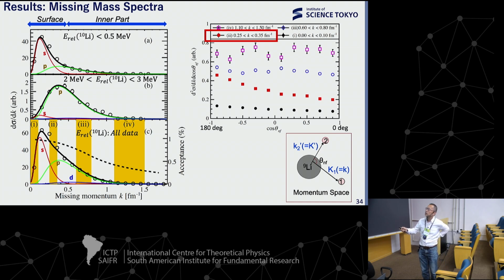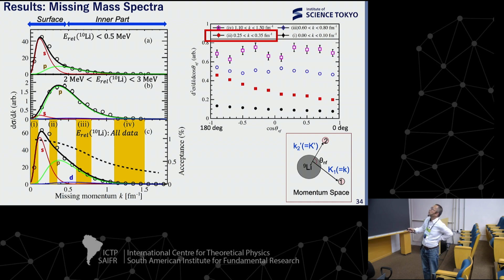If you select lithium-10 at very small energies, you see a rather low momentum component, and from the momentum distribution we can decompose into S and P components. From 2 to 3 MeV we see mainly P. For all data, it decomposes into S, P, and D.